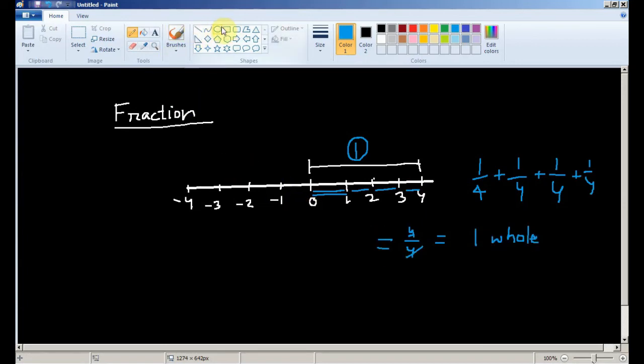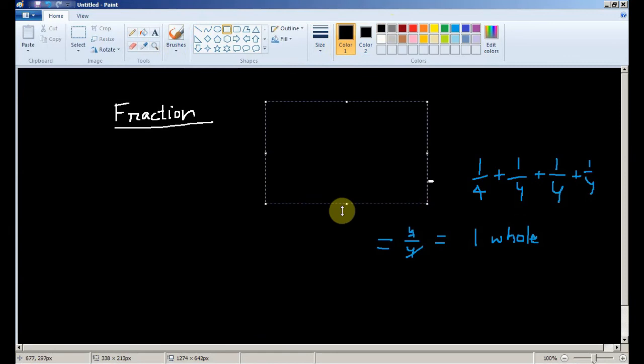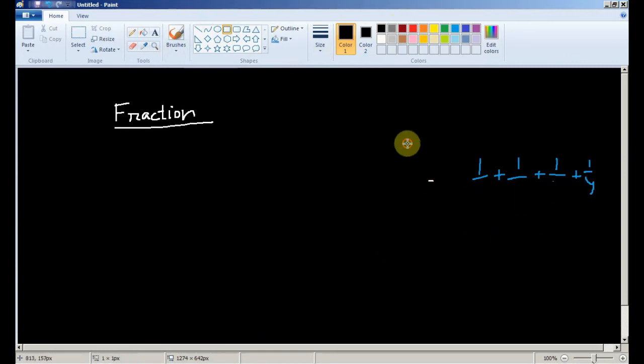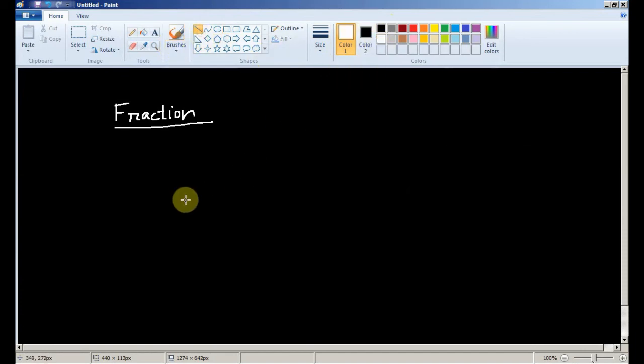If you are not convinced, then we can do it like this also. So they don't have to be 4 parts only. Okay, I can show you in a different way. Suppose I have a number line.